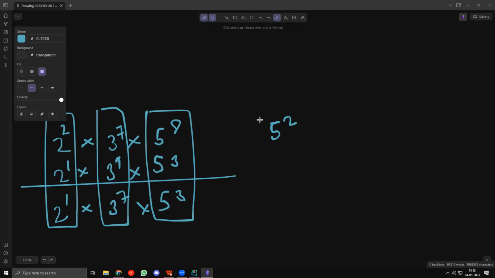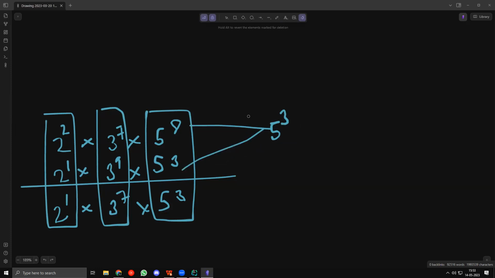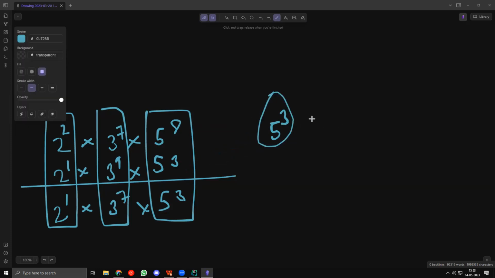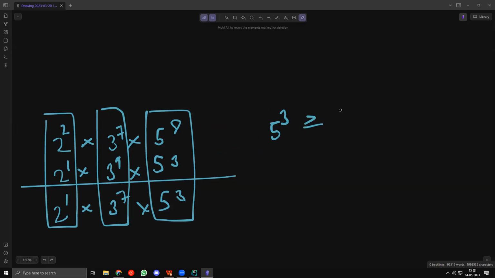If I take 5 to the power of 2, clearly this divides both 5 to the power of 8 and 5 to the power of 3, right? But if I took 5 to the power of 3, that also divides both of them. So the answer is going to be at least 5 to the power of 3, because if it's not, then it's pretty stupid, right? Because we want the greatest common divisor. We don't want a value lesser than the greatest possible one.